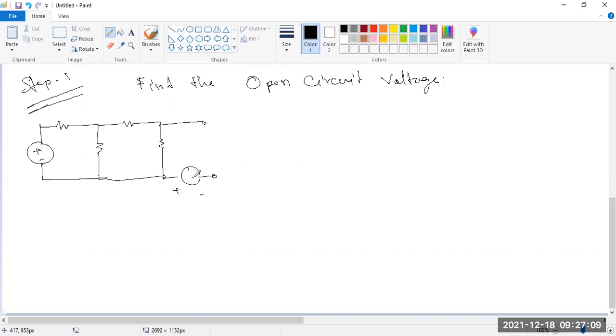What was this, this is 6 volt, okay, this is 6 volt, so this is 1 ohm, this is 2 ohm, this is 5 ohm, and this is 1 ohm. So you have to find this.